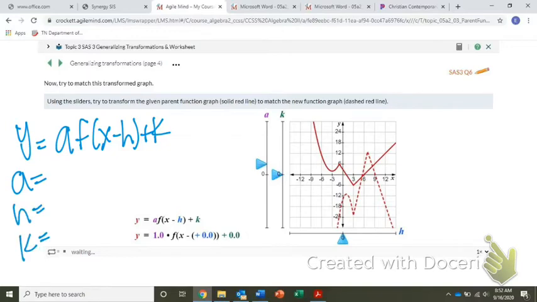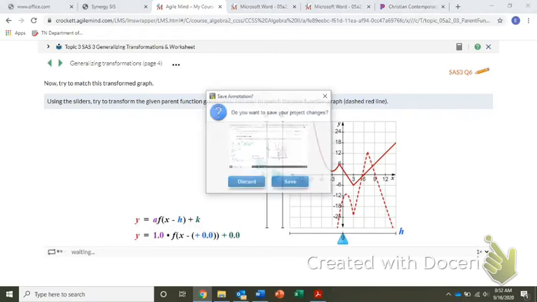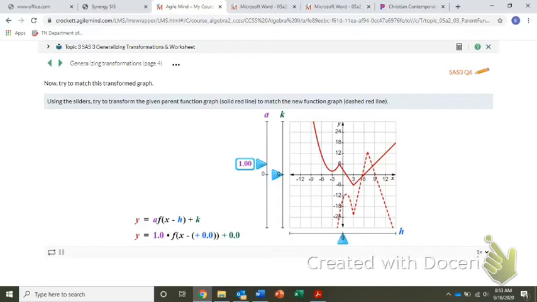You know that a is going to be a negative because what is happening? It's being flipped. Okay? So we know we're going to have to be on the negative side. Now, we got to match it.